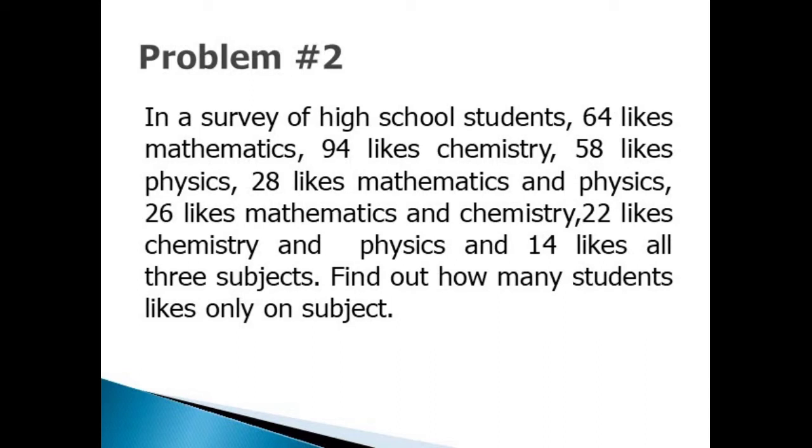In a survey of high school students, 64 like mathematics, 94 like chemistry, 58 like physics, 28 like mathematics and physics, 26 like mathematics and chemistry, 22 like chemistry and physics, and 14 like all three subjects. So we will find out how many students like only one subject.